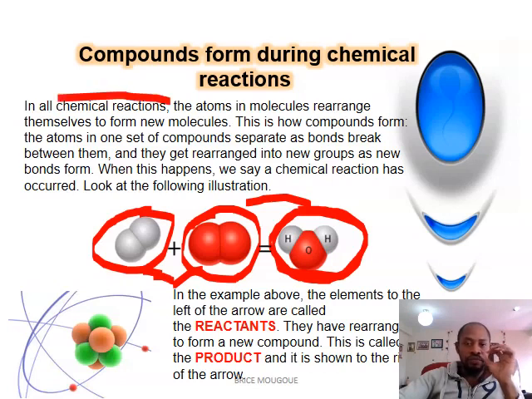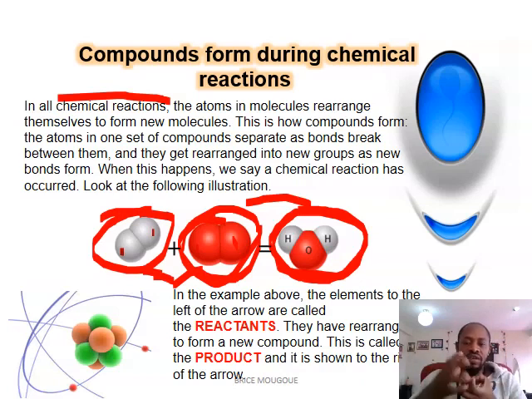Okay. And in that chemical reaction, the atoms that are found in the molecules, I have a molecule here, rearrange themselves. Because at the end of the day, I want to have a specific pattern, a specific ratio in the compound level.